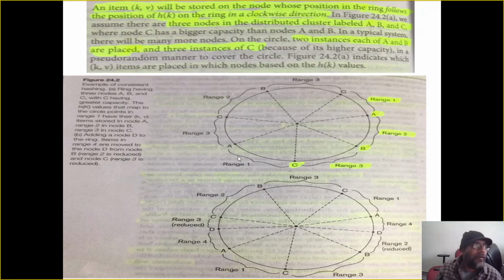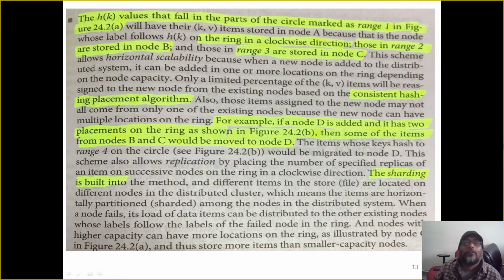So if keys are falling here, then they will go to this node. Okay, and this is the situation when a node is added. We will discuss this diagram later. The HK values that fall in the parts of the circle marked as range 1 in figure A will have their key value items stored in node A.